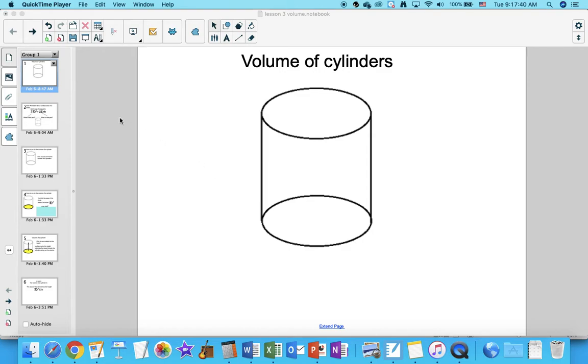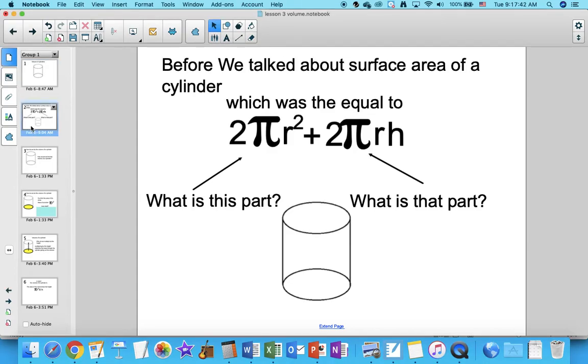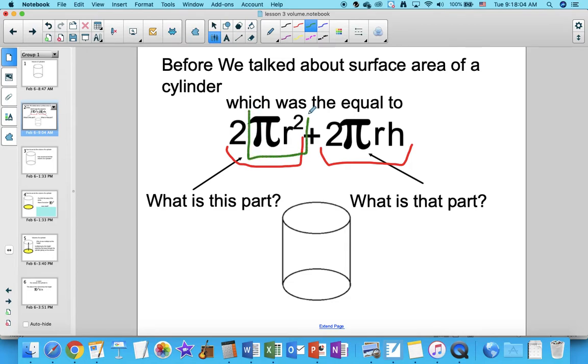So, as a quick review, before we talked about surface area of a cylinder, and we used this equation: 2 pi r squared plus 2 pi r h, right? So it's important to know what this part represents and what this part represents. If you take it a little bit at a time, you would see pi r squared.